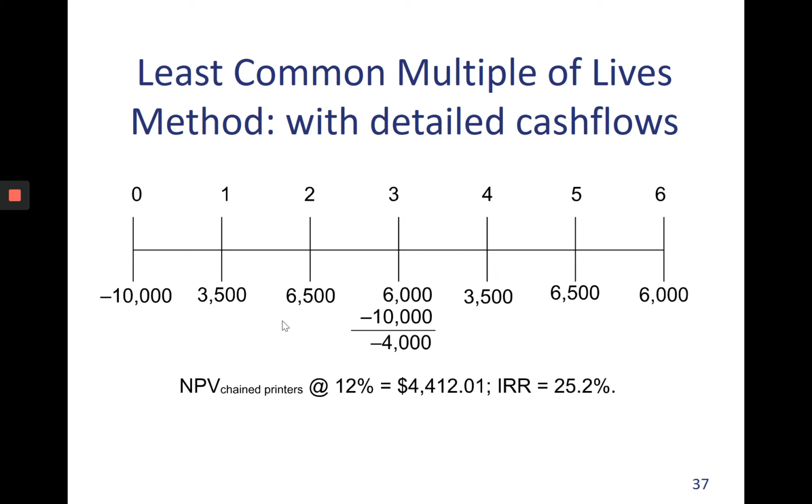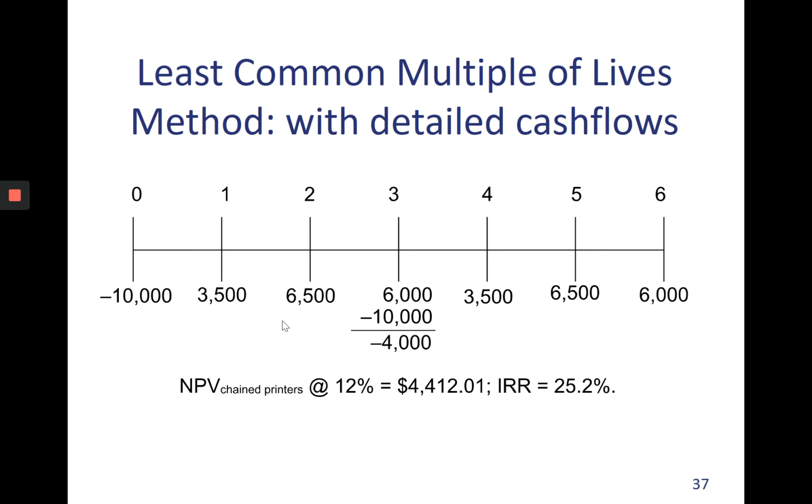Our first method is called the least common multiple of lives method, and here are detailed cash flows. Initially we pay 10,000, let's say dollars, to start the project. Then it makes us 3,500. Next year 6,500. Third year 6,000. Fourth year 3,500.